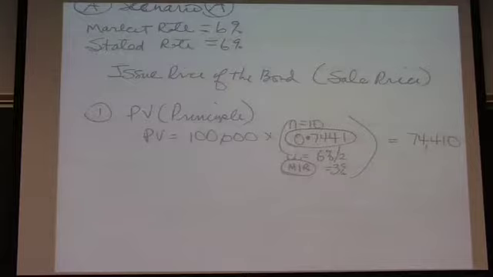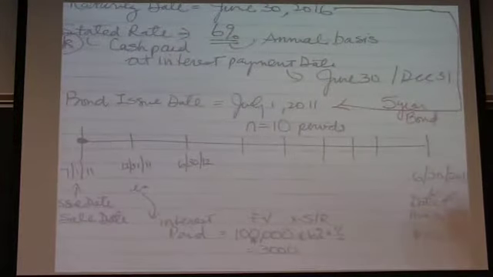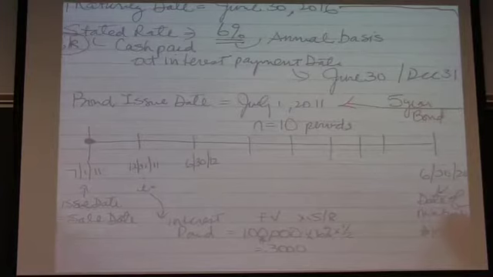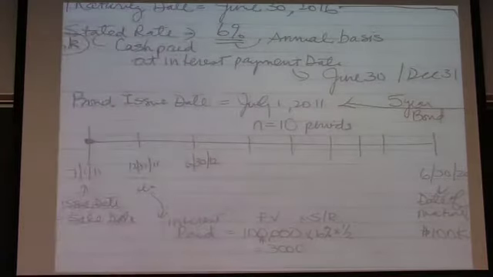So what that's saying is this. In basic concept, it means that the $100,000 is a future payment. And if I was to buy that future payment, it would be worth $74,410.